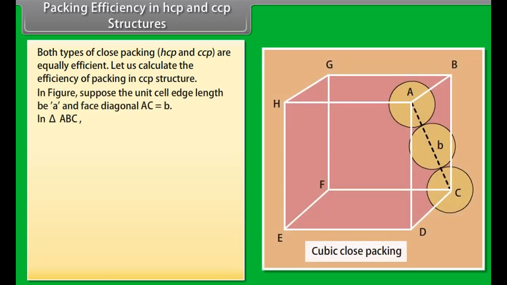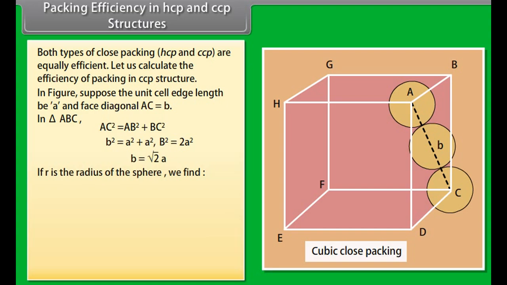In the figure, suppose the unit cell edge length BA is equal to A and face diagonal AC is equal to B. In triangle ABC, AC square is equal to AB square plus BC square, or B square is equal to A square plus A square, or B square is equal to 2A square, or B is equal to square root 2 A. If R is the radius of the sphere, we find B is equal to 4R, which equals square root 2 A, or A is equal to 4R upon square root 2, which is equal to 2 into square root 2 R.